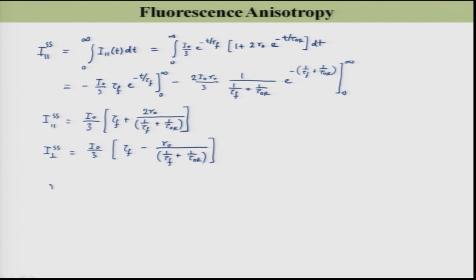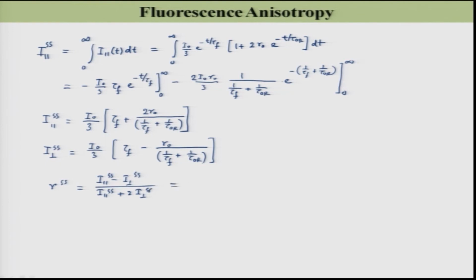And r, which is steady state, you can measure. I already told you how to measure it, this r, which is nothing but I parallel steady state minus I perpendicular steady state divided by I parallel steady state plus 2 I perpendicular steady state.